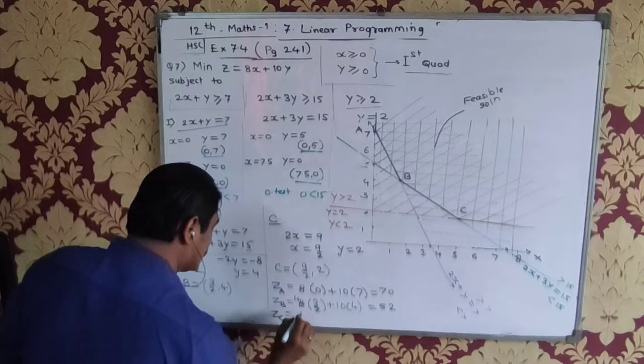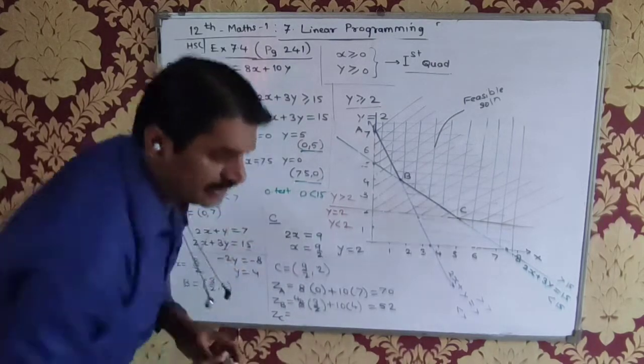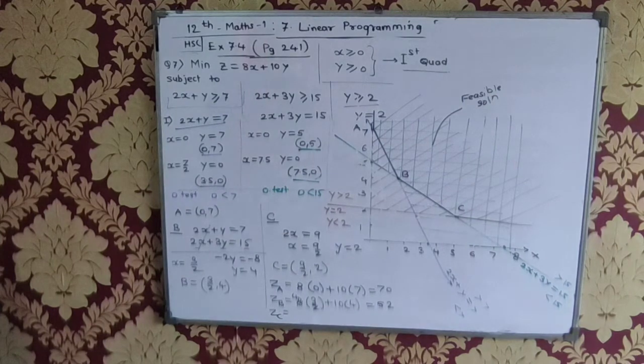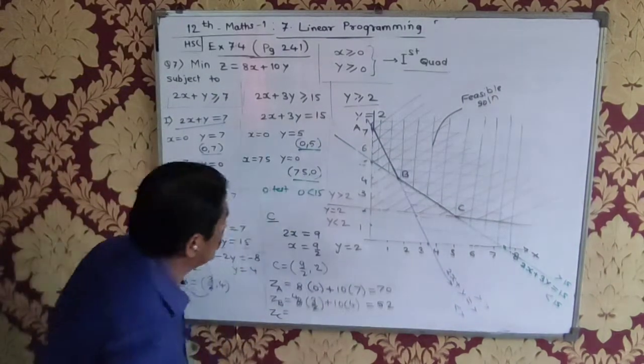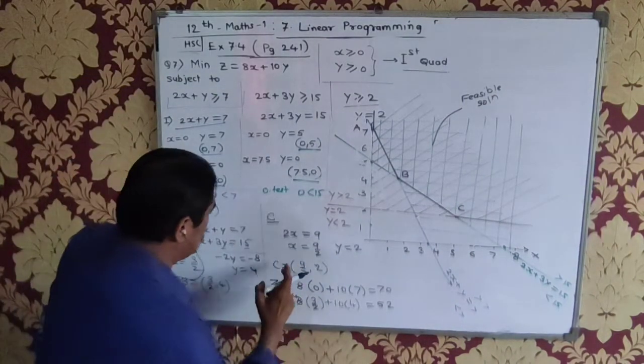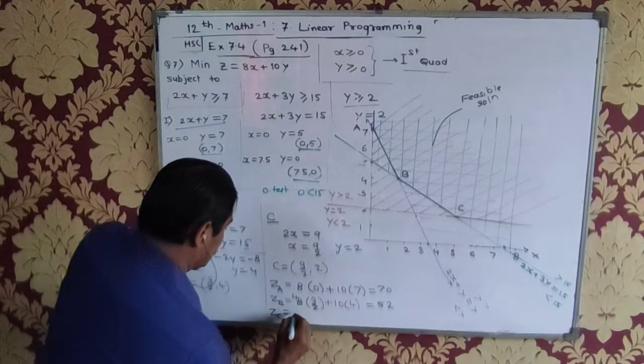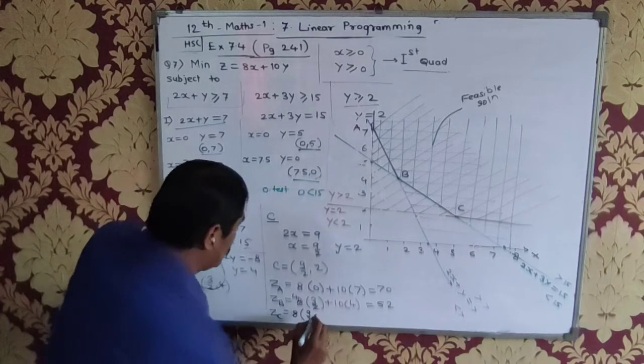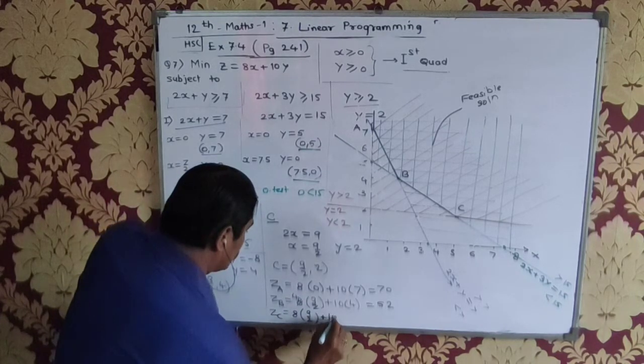And z at C is given by, these are the C coordinates. So z at C is 8 into 9 by 2, 8x plus 10y, 10 into 2, 56.